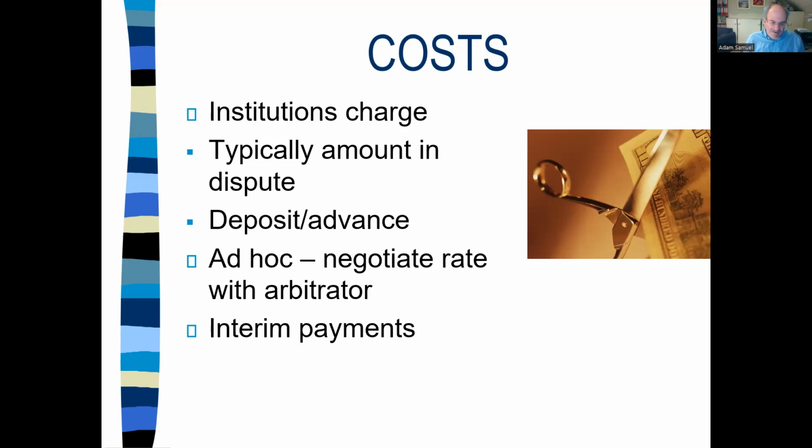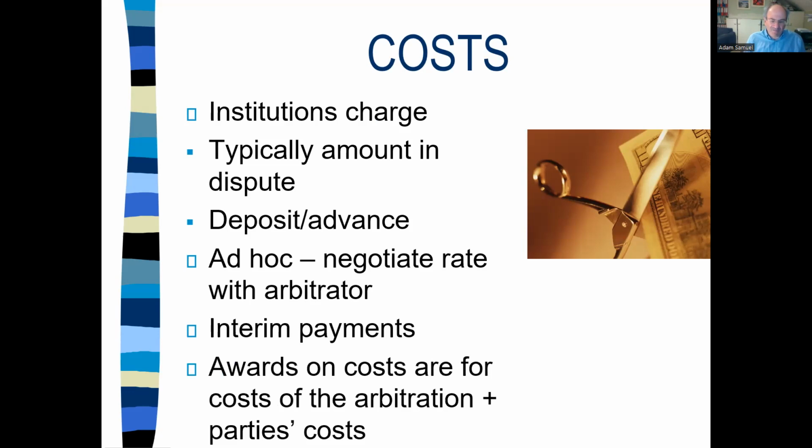Tribunals and institutions insist on down payments, interim payments of various types, and always remember to distinguish the costs of the arbitration, arbitrators' fees, hearing rooms, facilities, food, and the like, and the parties' costs.